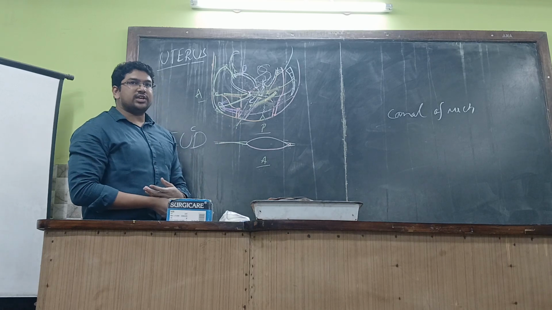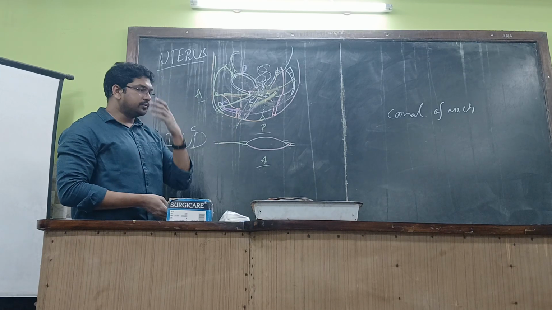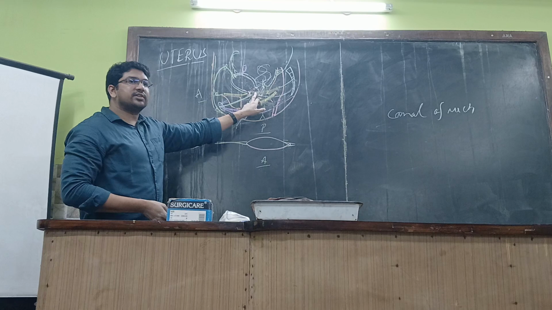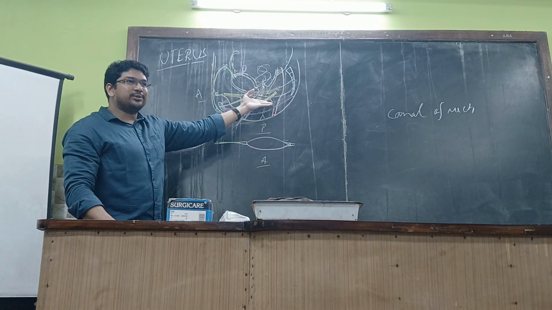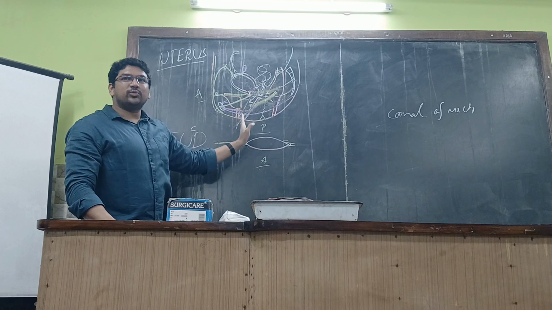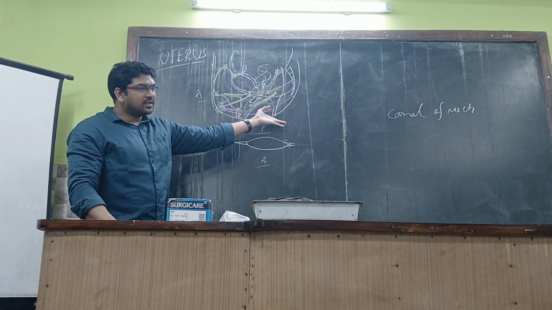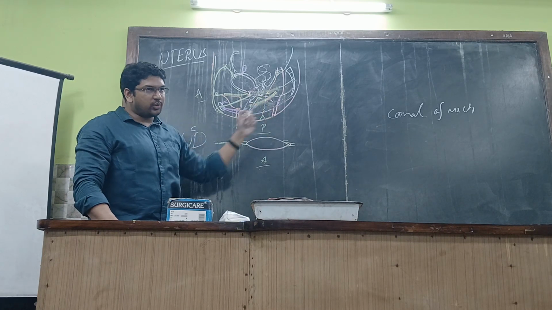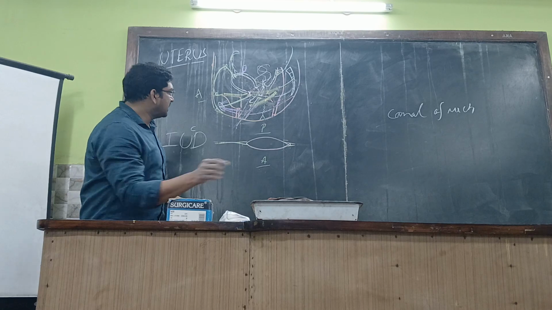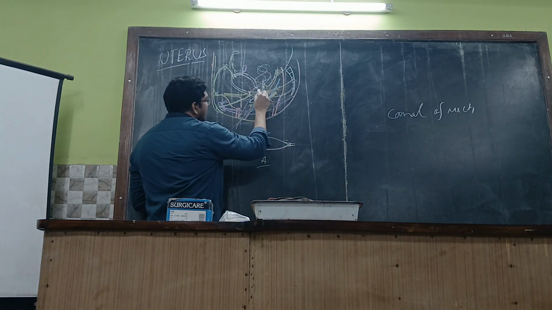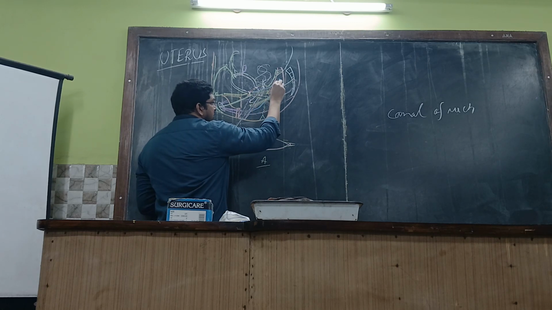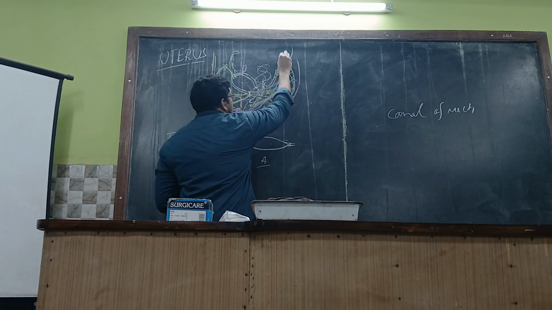What is the venous drainage? The venous drainage of the uterus and cervix will be draining into the internal iliac vein. But one thing you are supposed to remember: from the posterior vaginal wall and the posterior wall of the cervix, or the entire cervix, some veins will be draining into the superior rectal vein.